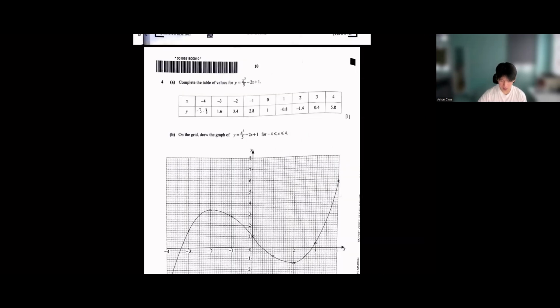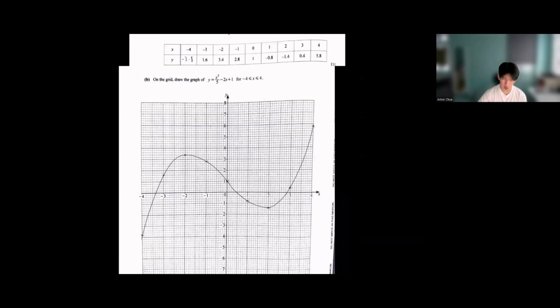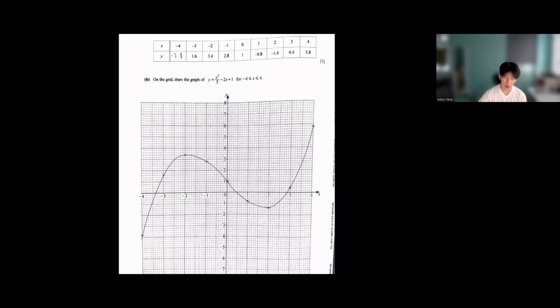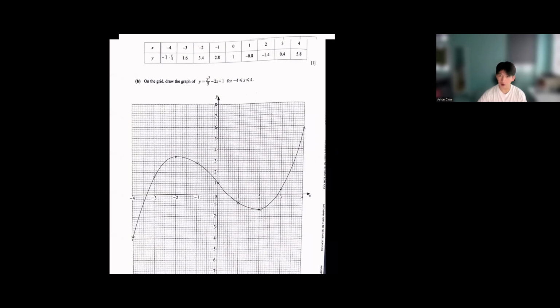So in part B, we are expected to draw the graph of y equals x cubed over 5 minus 2x plus 1 for x between minus 4 and 4. For this part, I've already drawn a graph.